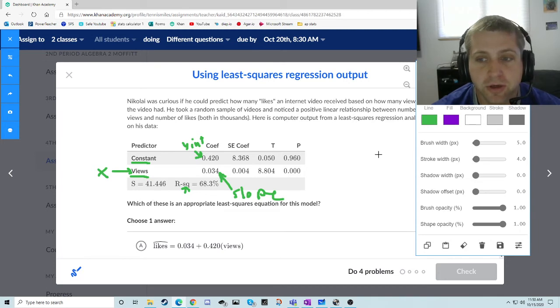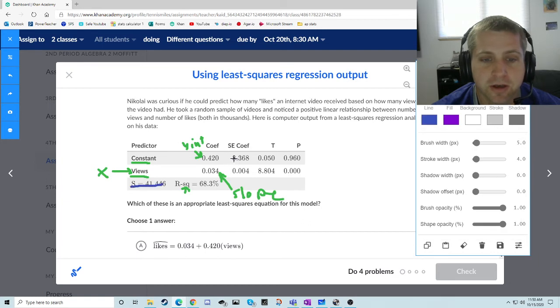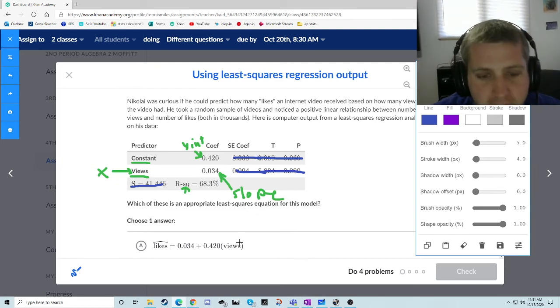You don't need to worry about anything I'm crossing off in blue. That stuff is for nonlinear topics later in the year. For 99.9% of the year, all you need to know is the y-intercept and the slope. The reason is that you write things as y equals a plus bx.